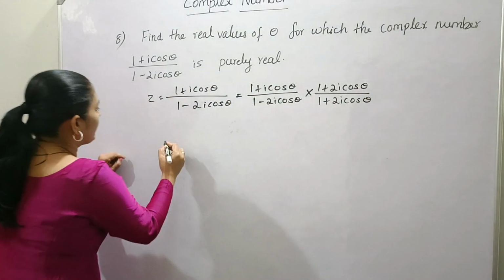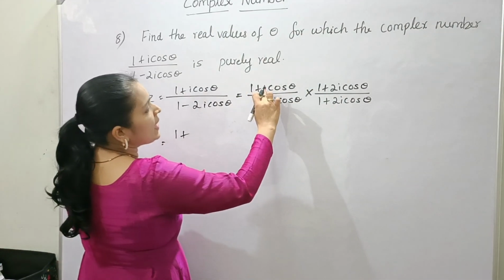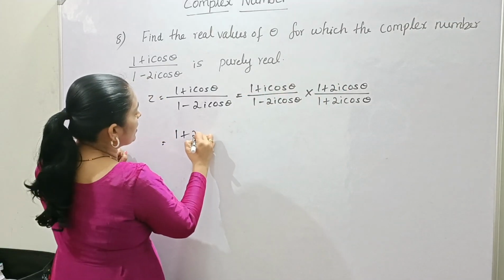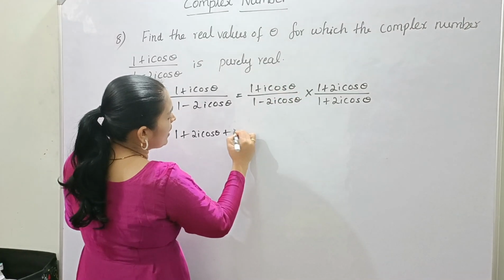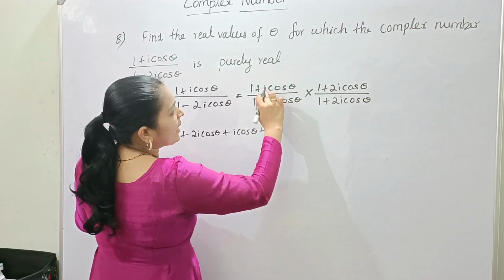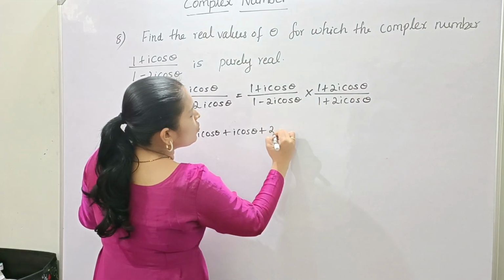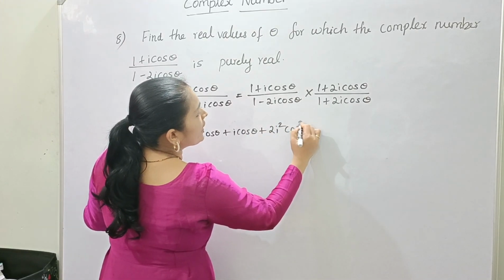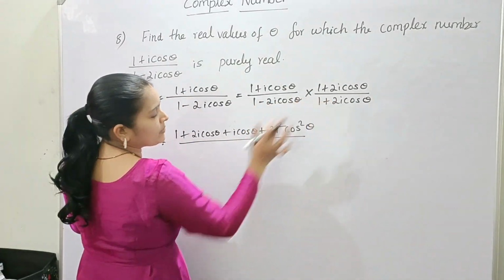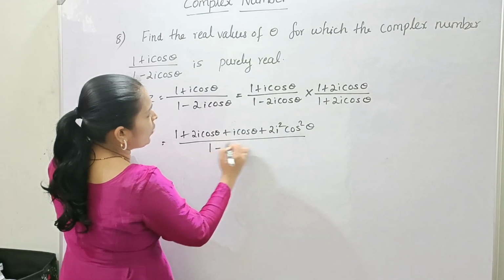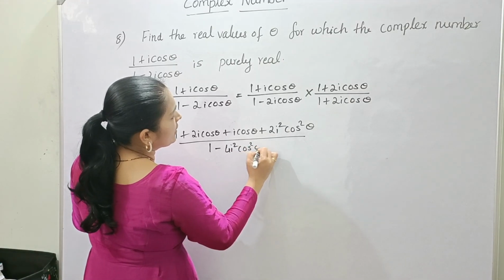Okay, now simplify. Here 1 into 1, 1, plus 1 into 2i cos theta, 2i cos theta, plus i cos theta into 1, i cos theta, plus i cos theta into 2i cos theta, that is 2i square cos square theta, divided by, here (a minus b) into (a plus b) is a square minus b square, that is 1 minus 2 into 2, 4, 4i square cos square theta.